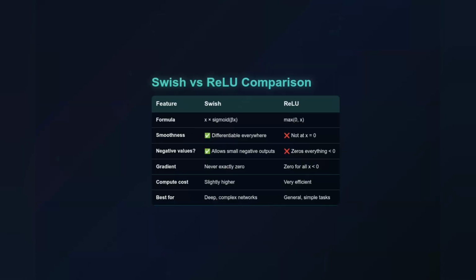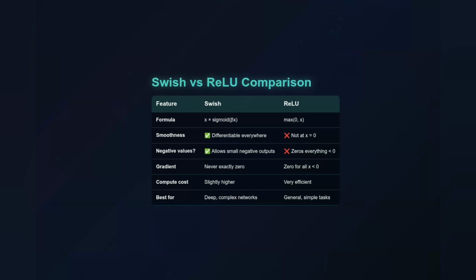Let's do a direct comparison between Swish and ReLU. Formula. ReLU is max(0, x). Simple but harsh. Swish is x times sigmoid of beta x. Smooth and sophisticated. Smoothness. ReLU has that problematic discontinuity at 0.